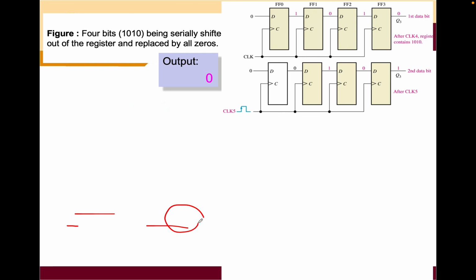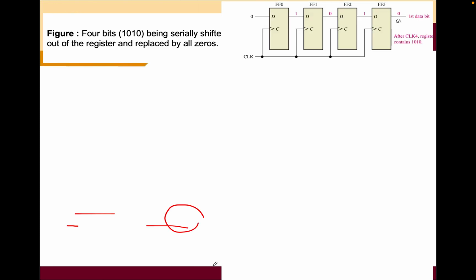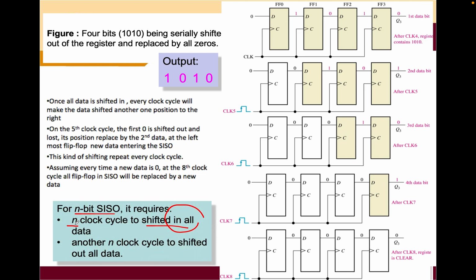Means that you can see here, you have clock 1, 2, 3, 4 to complete shift in, and then another 4 clocks, 5, 6, 7, 8 to finish your shift out. N clocks for shift in and another n clocks for shift out all the data. So what is n bits, which is at the beginning you're going to have 4 bits. That's why 4 clocks for shift in and another 4 for shift out. That is on your SISO.